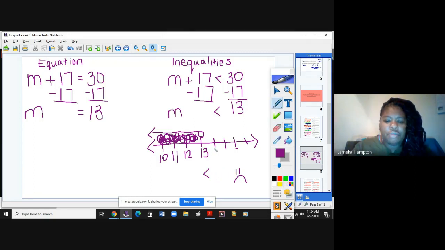Let's just say my number was 14. Again, I know that 14 is not less than 13. Because this is not a true statement, any number to the right of 13 would not count. Any number to the left would.